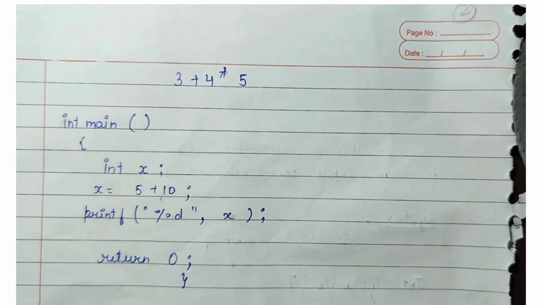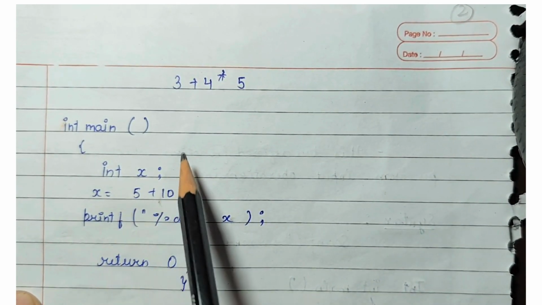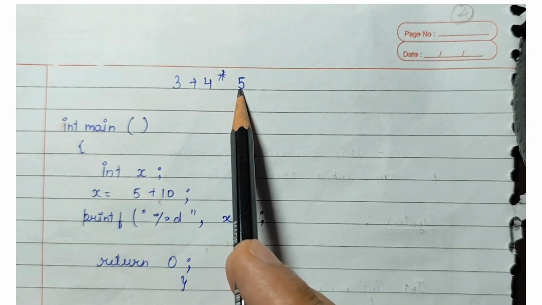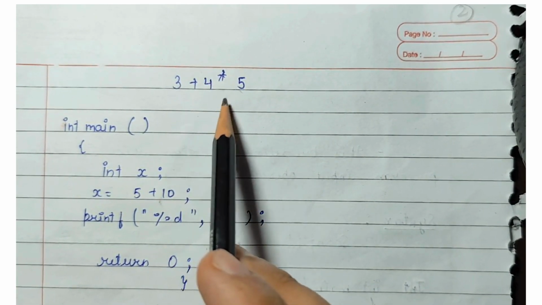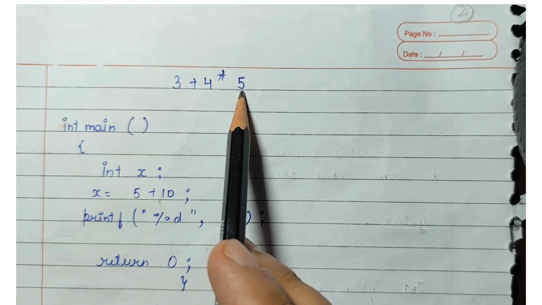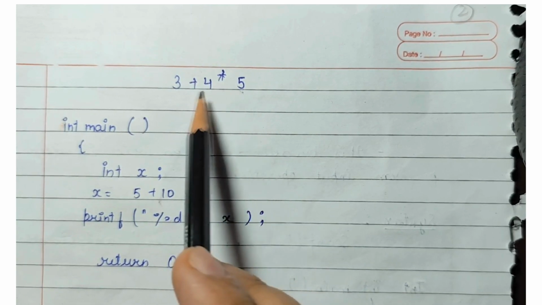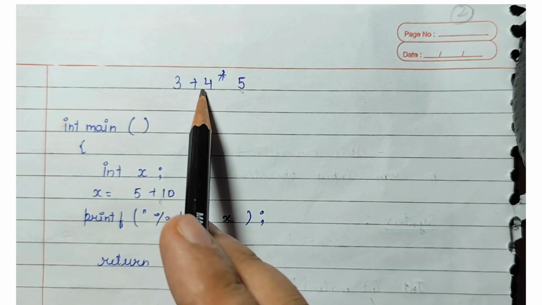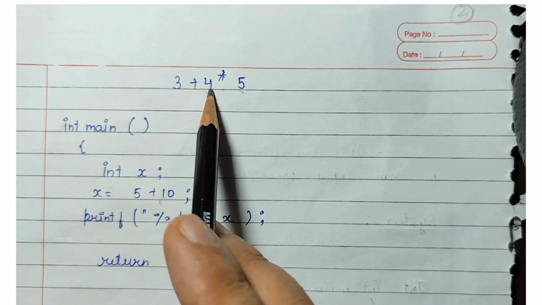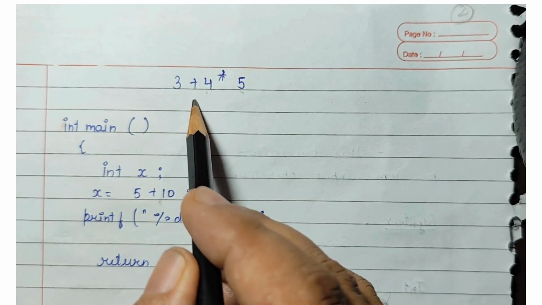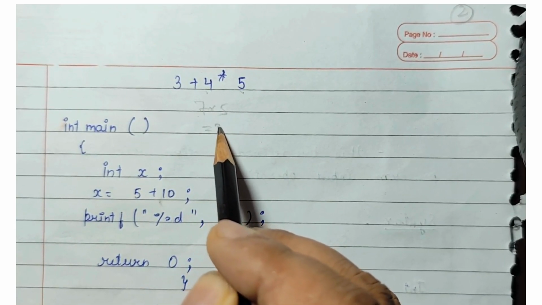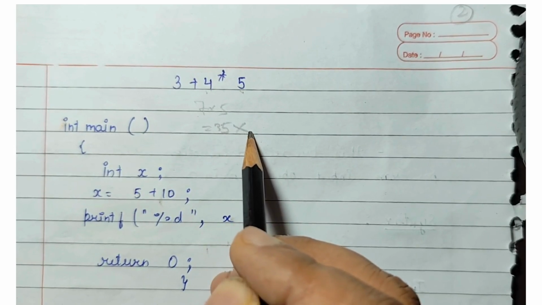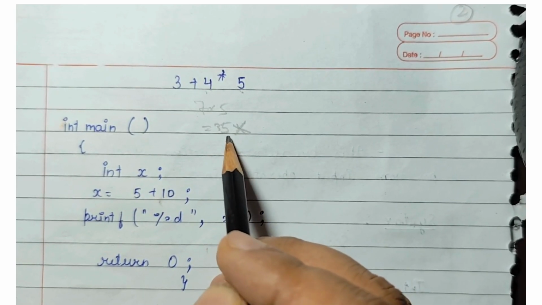If we have the expression 3 plus 4 into 5, how will this expression be evaluated? If you perform the addition first, 3 plus 4 becomes 7, and 7 into 5 becomes 35, but this answer is incorrect.